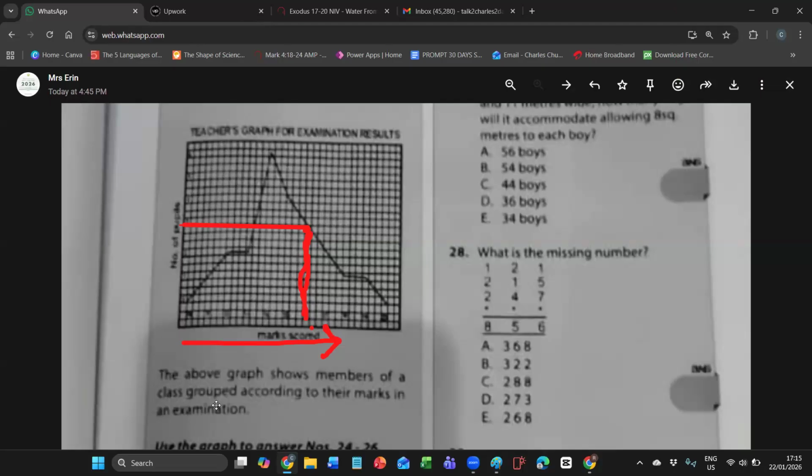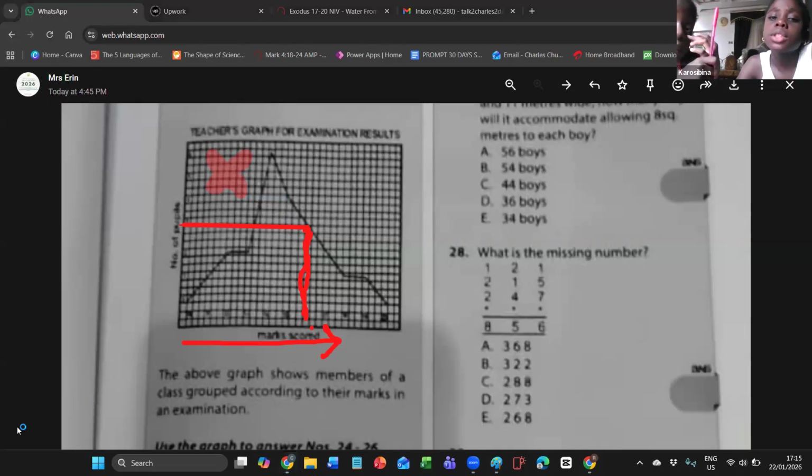Okay, so you know what we'll do? In that instance, we're going to approximate it. Now, I want you to reason with me. Who remembers how to approximate? When the number is from 0 to 4, you round it down to 0.